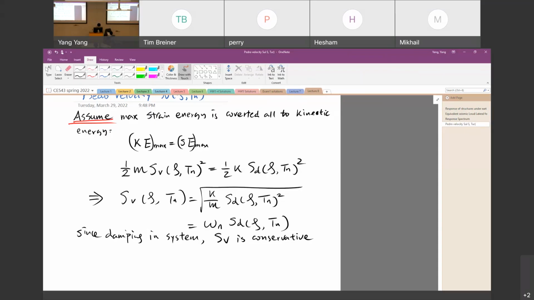So that means in this case, if we use pseudo velocity, this one is larger than the actual velocity. So design-wise, this is conservative. We overestimate the velocity in the system if we use the pseudo velocity response spectrum. Does that make sense?